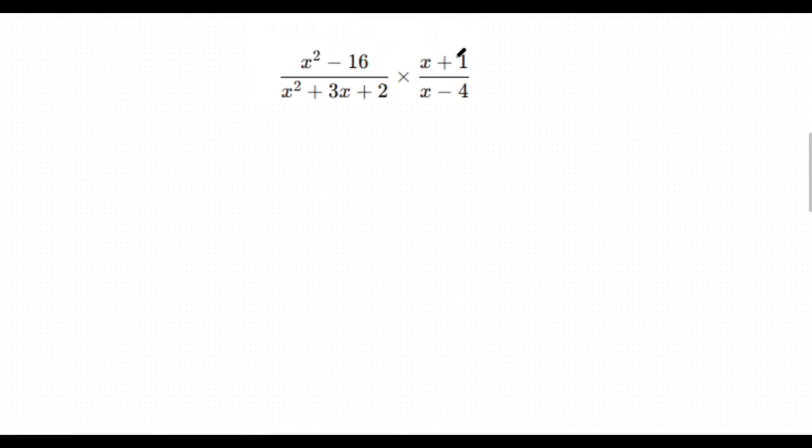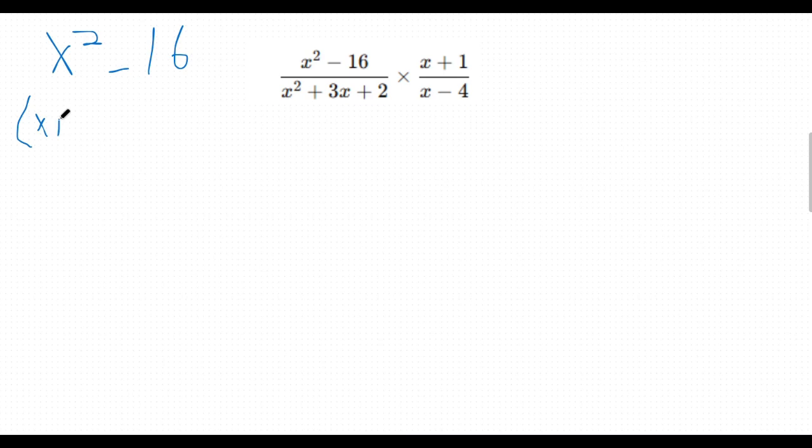Take a minute and try this one if you would like. So I'm going to work over to the side here. x squared minus 16. What do you notice about 16 and x squared? They're both perfect squares.